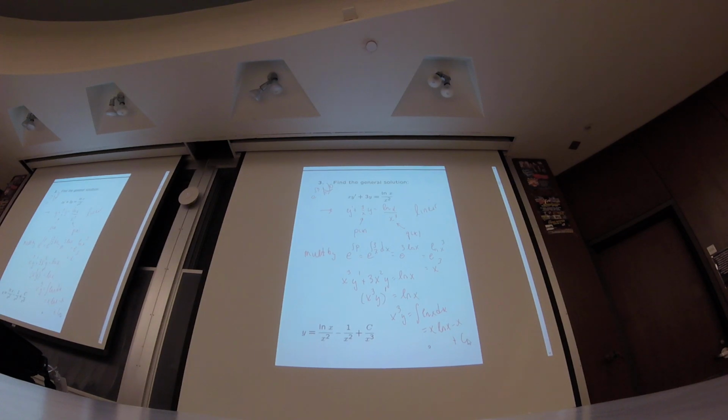No reason why you should. How would I integrate log x? How do you integrate log x? You say by parts. You integrate it by parts. Right? That's why I had some problems like that on EMCF 1 and 2. This stuff comes up, right?